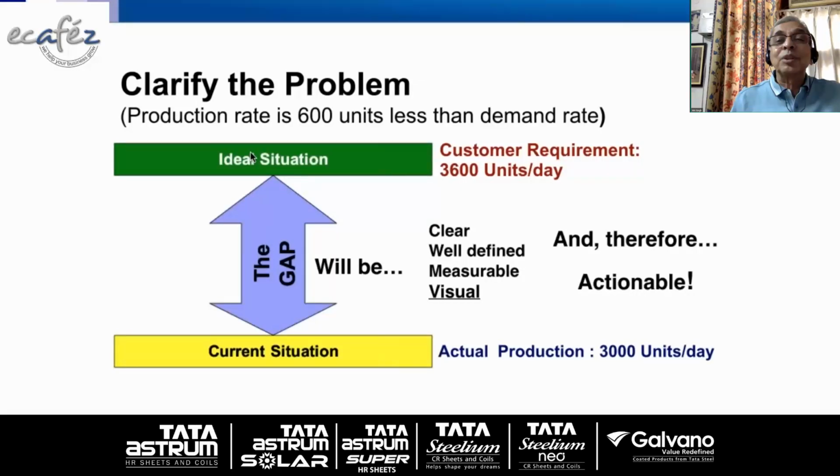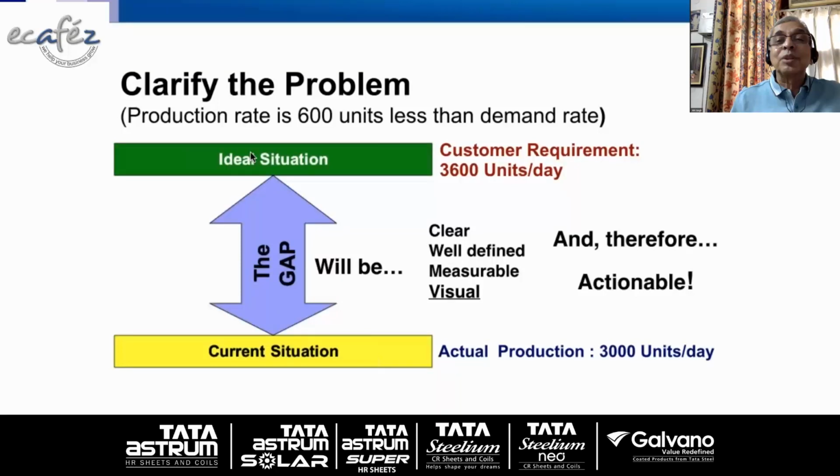So the first thing is to clarify the problem. Though demand was 4,500 per day, we should not jump to conclusions. Let's go step by step. The current actual production was 3,000. Then the team decided on a realistic target: let's first increase production by 20%, and once we achieve that, we will go for further improvement.